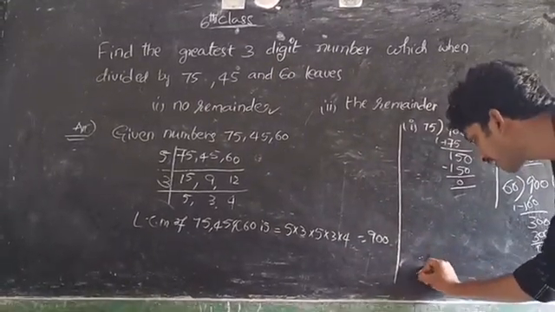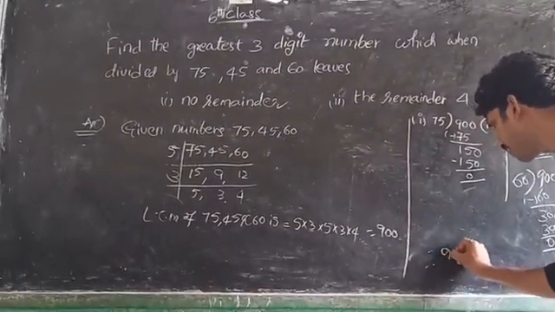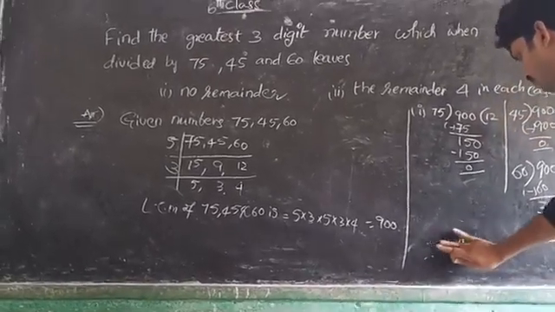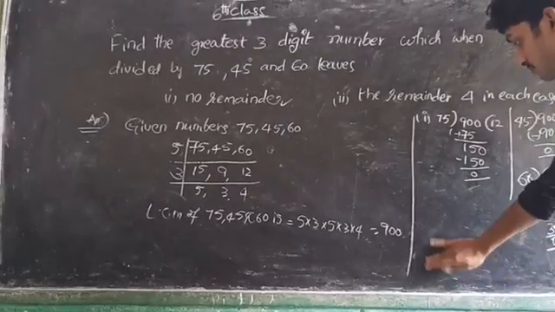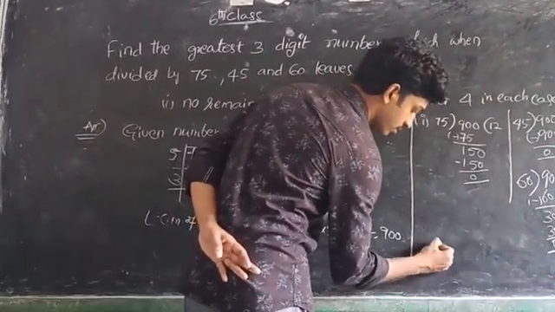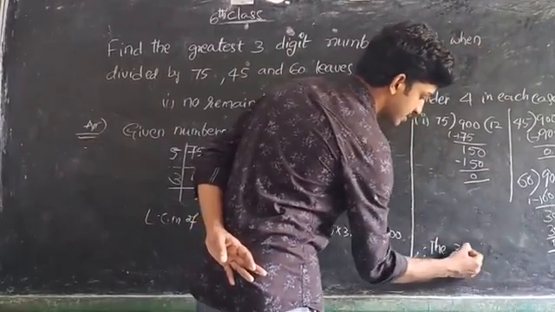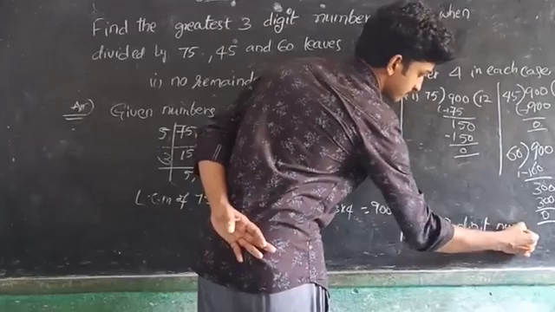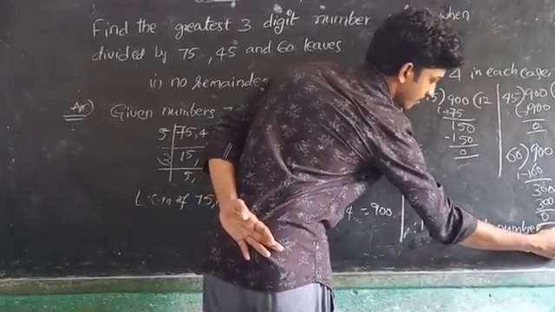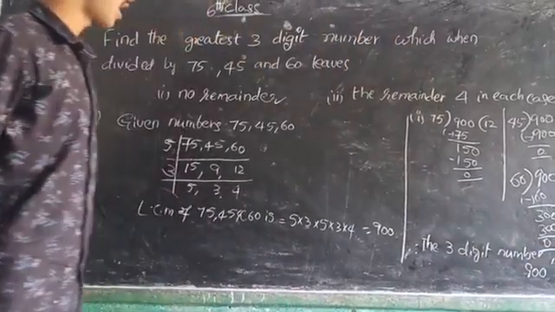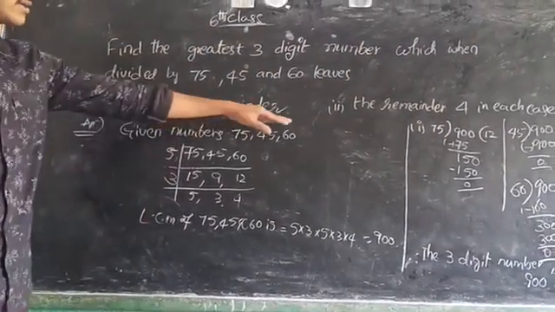Therefore, write here 900. Therefore, the 3-digit number is 900.